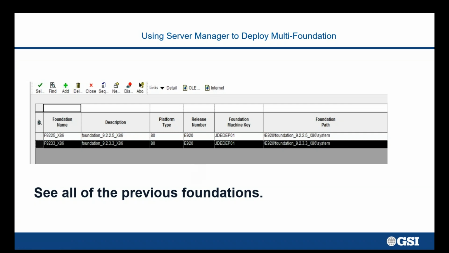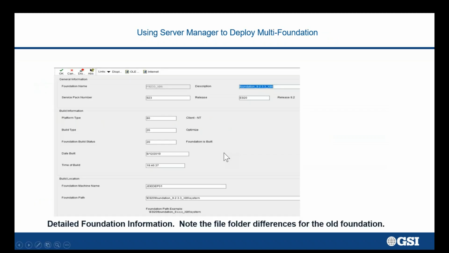So if you have an aggressive package build strategy and you change your default, if your default foundation becomes, let's say, 9.2.3.4, but production has not yet been upgraded to it, when you do your package build, you'll have to make sure that you select the older foundation to get the right deployment. Otherwise, you'll be sort of deploying the newer foundation into production.